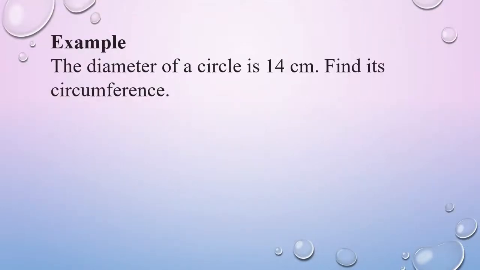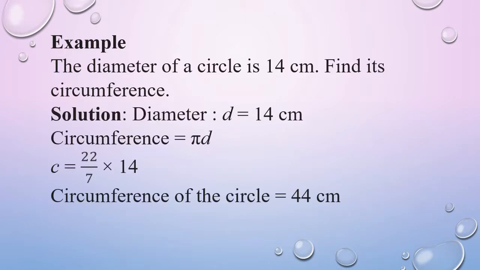Let's see one example. The diameter of a circle is 14 centimeter. Find its circumference. So diameter is already given, that is 14 centimeter. We have to find the circumference. So circumference is equal to pi into d.